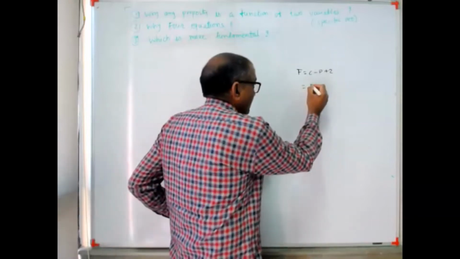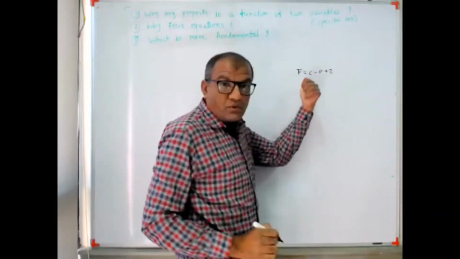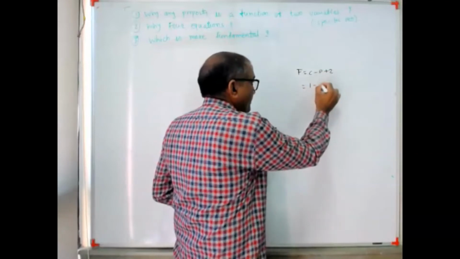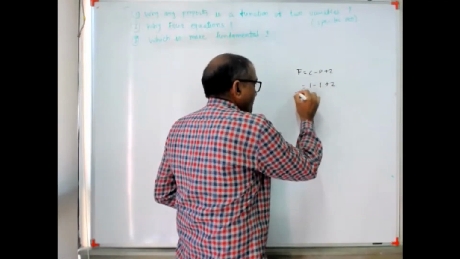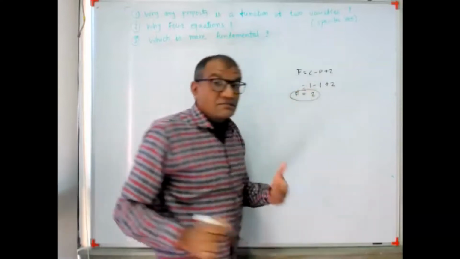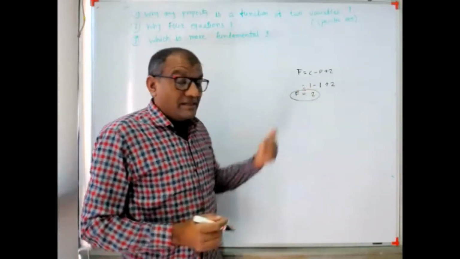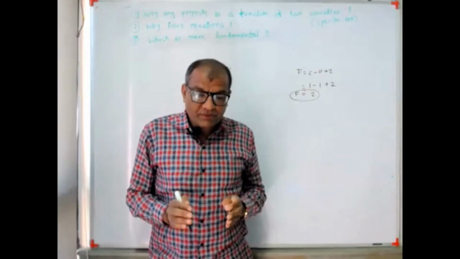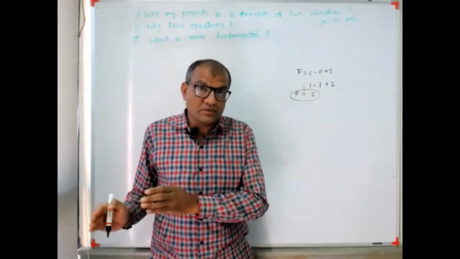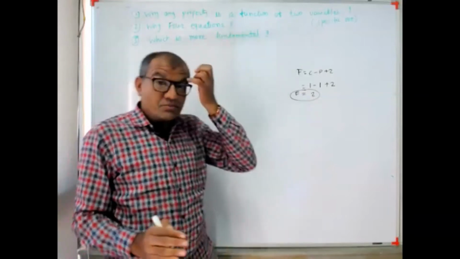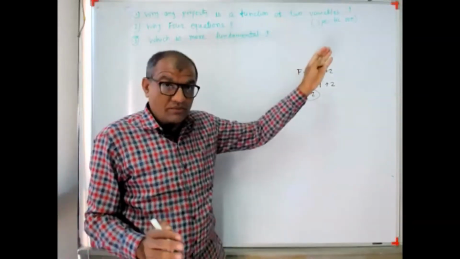So everywhere the number of components would be 1, the number of phases would be 1, and degrees of freedom would be 2. It is bivariant. The meaning is you can decide any property as a function of 2 variables. That's why each property is a function of 2 variables.